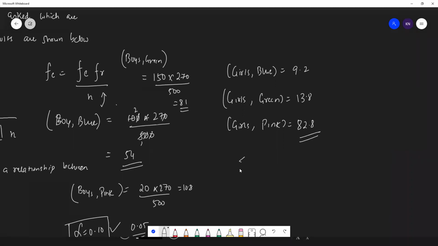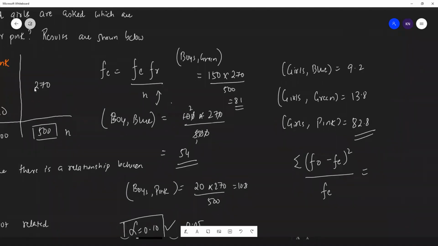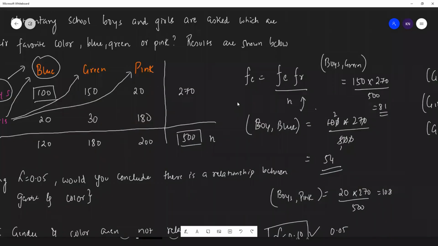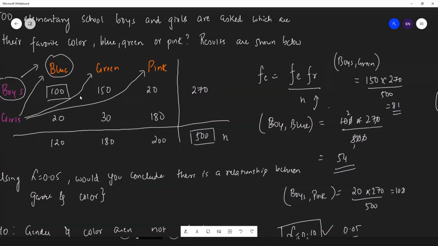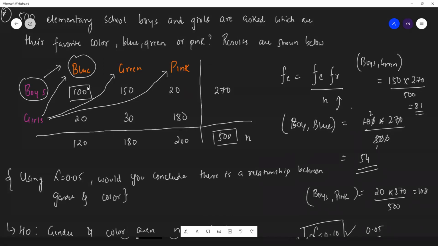Now apply it in the formula. f of o minus f of e whole square divided by f of e. Now let's take the first one, boys and blue. What is the observed value for boys and blue? 100, right?